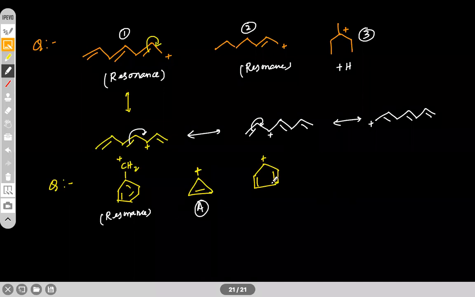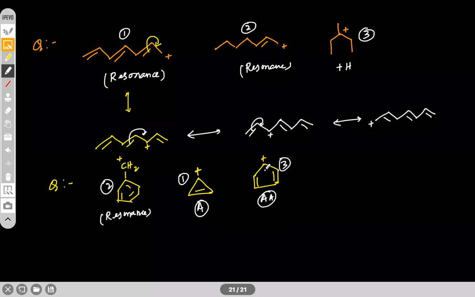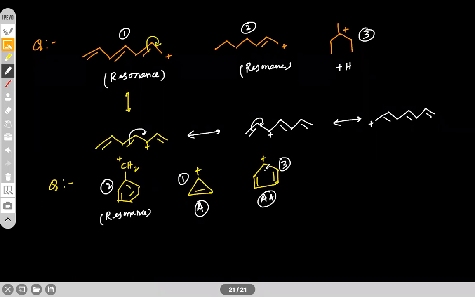Third one is anti-aromatic. Order should be 1, 2, 3. Yes, we have resonance also here, but it is an anti-aromatic compound overall.